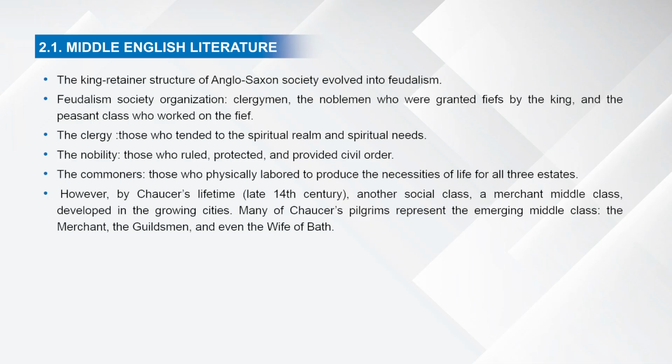The clergy, those who tended to the spiritual realm and spiritual needs. The nobility, those who ruled, protected, and provided civil order. And the commoners, those who physically labored to produce the necessities of life for all three estates.